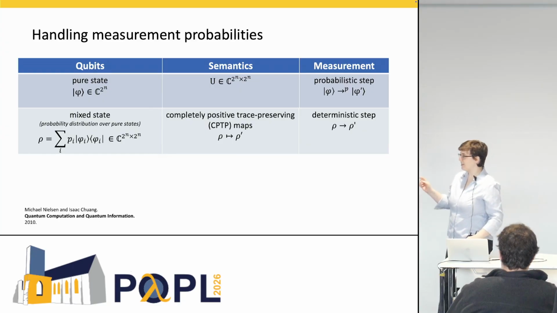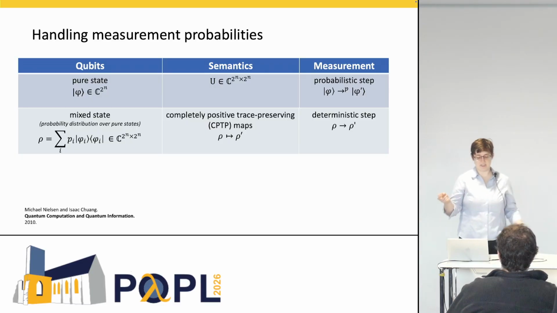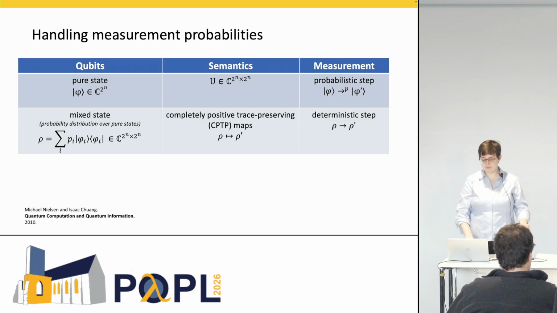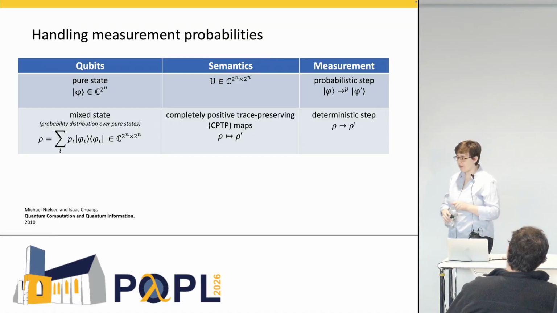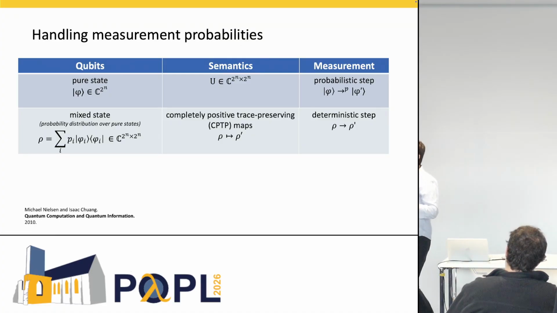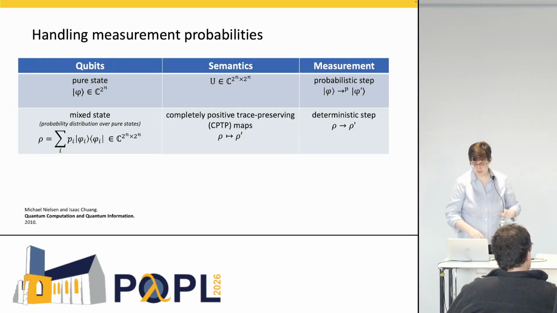So rather than qubits being represented by vectors and operators like unitaries being represented by matrices, qubits are now going to be represented by a matrix itself, which is called a mixed state. What a mixed state is essentially is a probability distribution over the pure states, so over these kets.